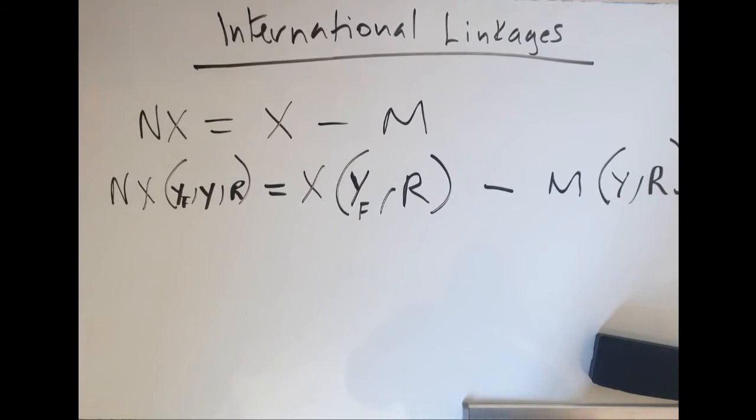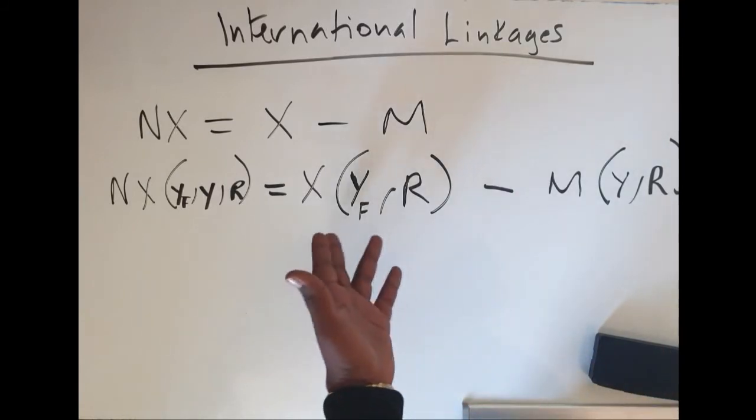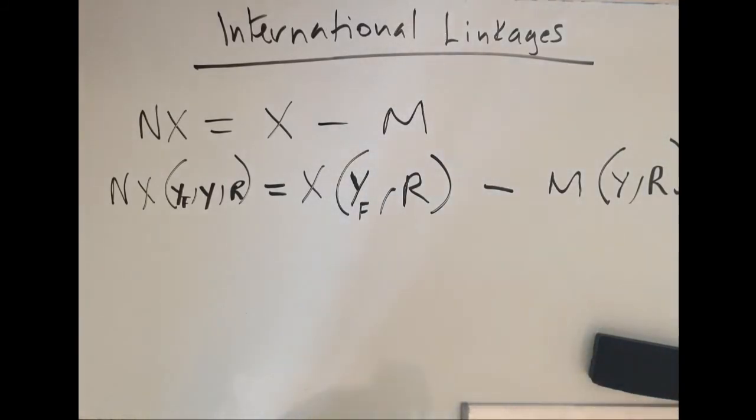So a real depreciation will translate into an improved net export position, or balance of trade position. Of course, we are making the assumption that your export capability is able to react to sudden changes in demand.